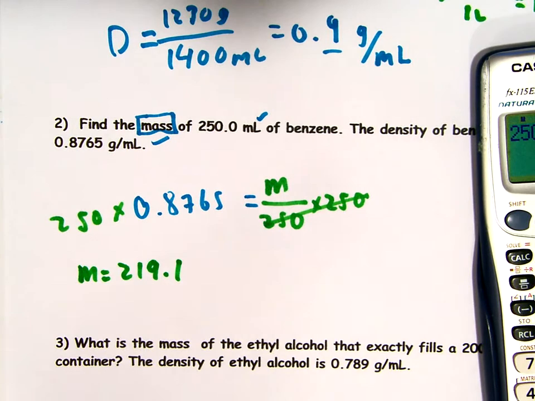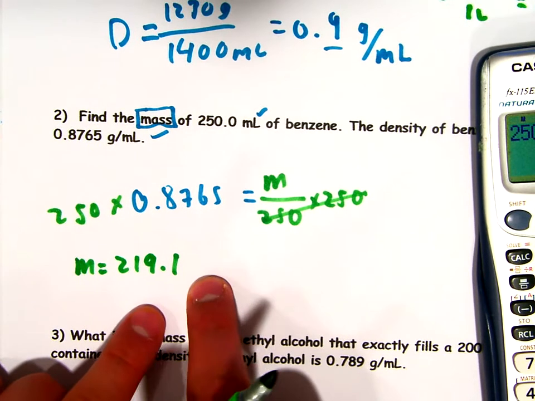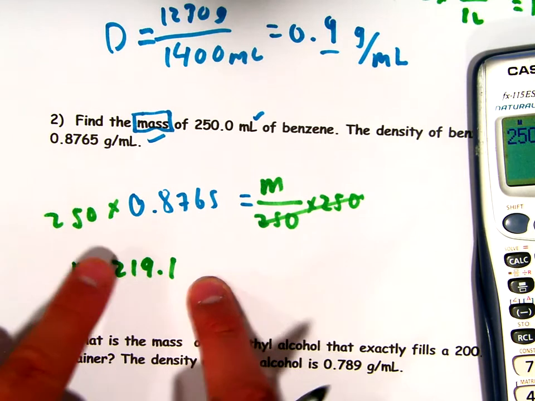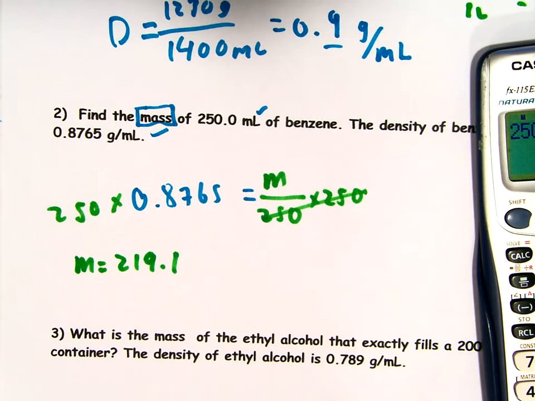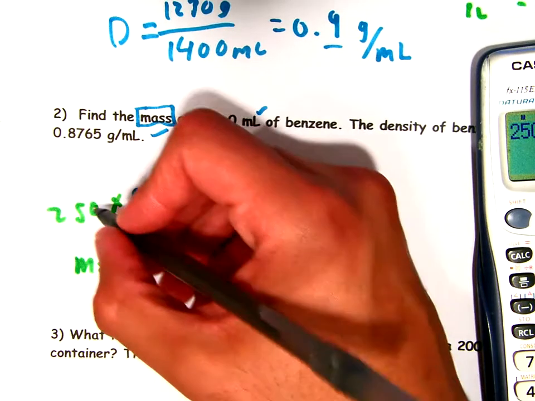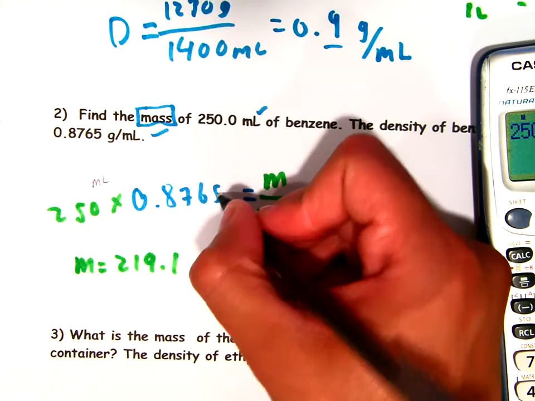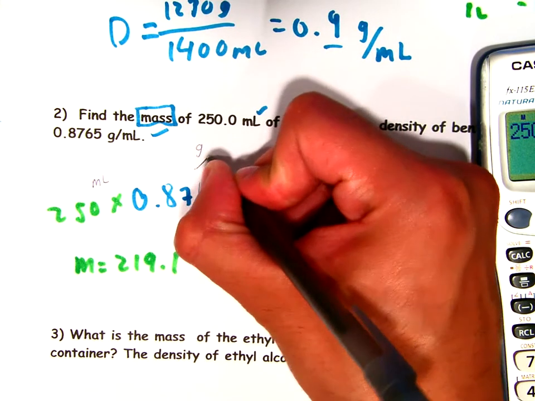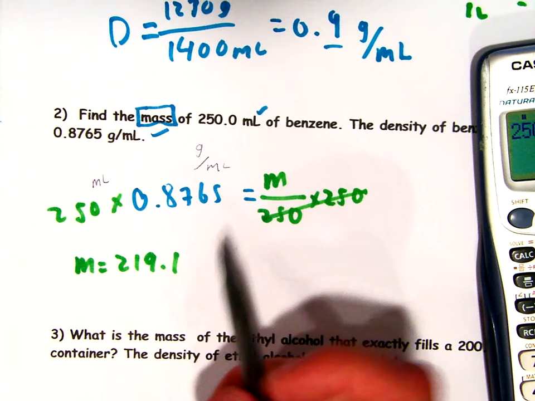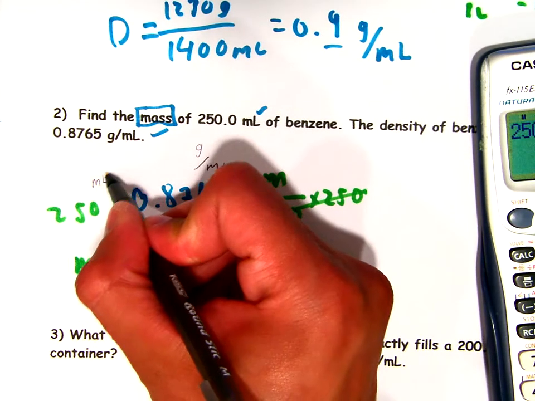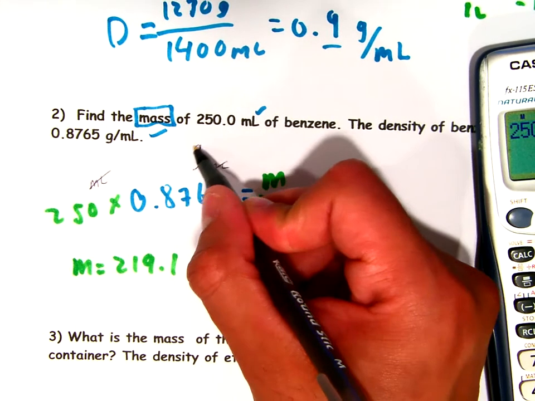Now the last part is, what are my units? I didn't put in the units there, but if I had, this would have been milliliters, and this would have been grams per milliliter. Because milliliters and milliliters were being multiplied and were across from each other, they would cancel and we would be left with grams.